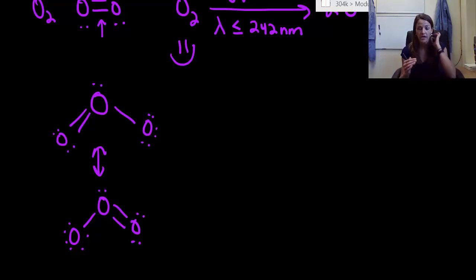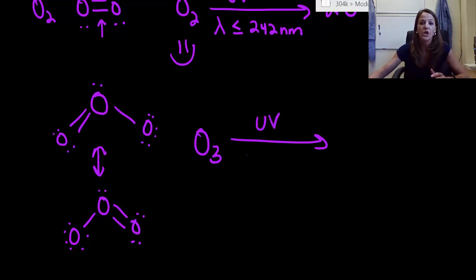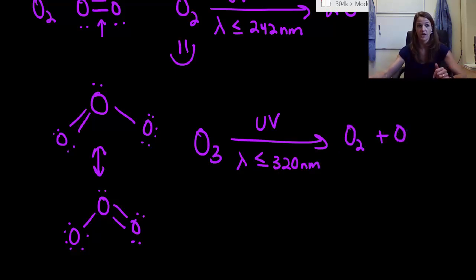So the problem is, when we have wavelengths greater than 242, it's not enough energy to break the double bond of oxygen. But it's enough energy to break the somewhere-in-between 1.5 bond of ozone. So what we have here is ozone, and when it's hit by UV light with a wavelength less than or equal to 320 nanometers, it breaks apart into diatomic oxygen and monatomic oxygen.